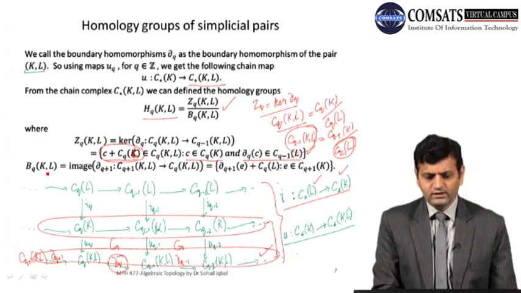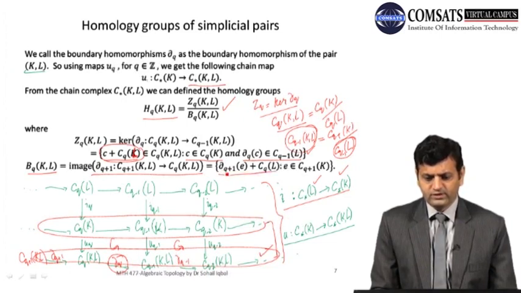Similarly, what are the images? The boundaries are basically the image of this map. Of course, it means that the elements will be of the form ∂_{q+1} e + C_q L, where e belongs to C_{q+1} K. Once again, why is it the case?